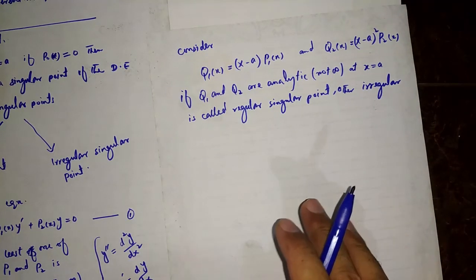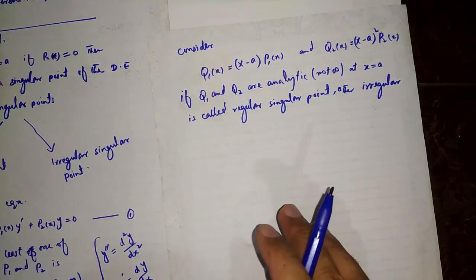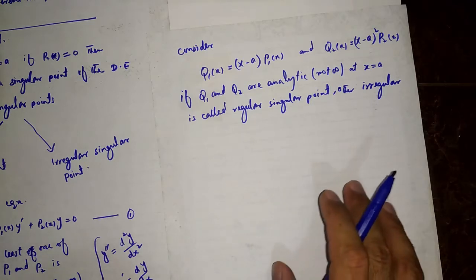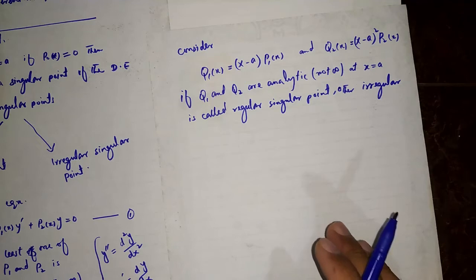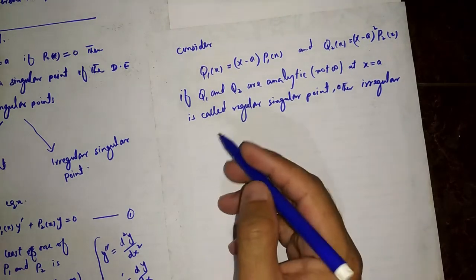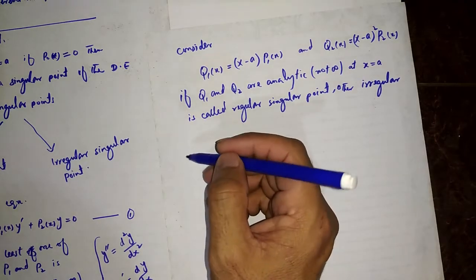Clear? So now I hope you understand the definition of regular and irregular singular points. So let's solve an example of regular and irregular singular points.